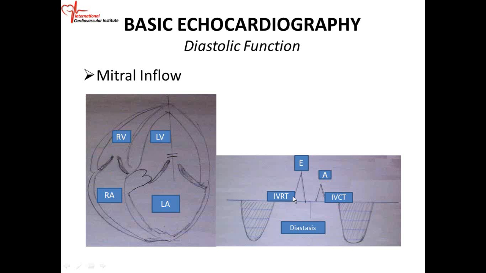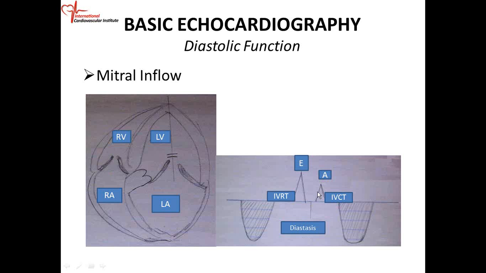When the mitral valve opens, blood is sucked in from the left atrium into the left ventricle, and you get your E velocity. Diastasis is a period when there is no flow because the pressure in the left atrium equals the pressure in the left ventricle. So there's no pressure difference, so there's no flow.